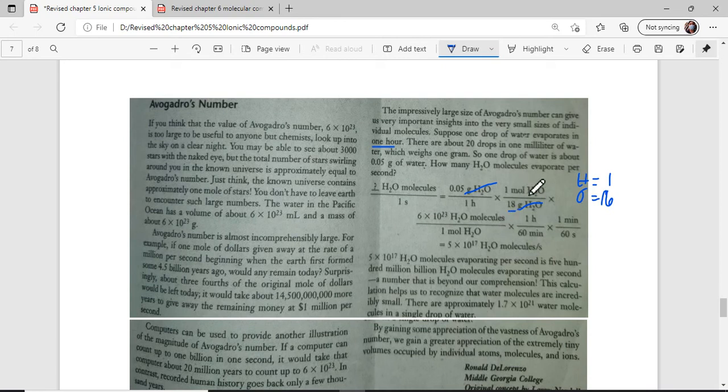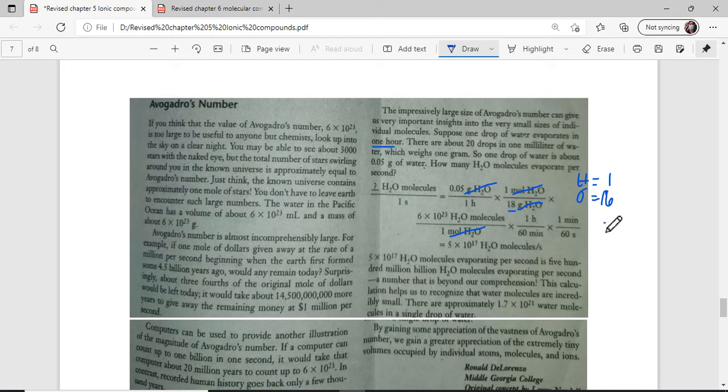So the moles cancel out. Now you have your H2O molecules. What is left is the hours. You need to convert hours into seconds. How do you do that? You need a conversion factor for the hour.